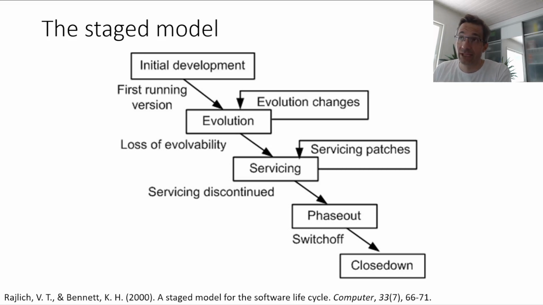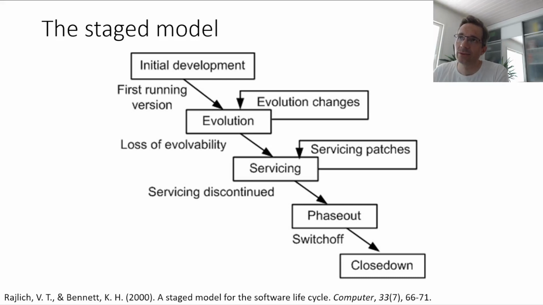In addition, developer knowledge of the system might degrade, so the original developers are gone, the system was programmed in Fortran, you can no longer find Fortran programmers, so then you can no longer make any big changes to the system. So adding new functionality becomes difficult, too time consuming and too costly. As this happens, it's mandatory that the system is moved into the servicing stage.